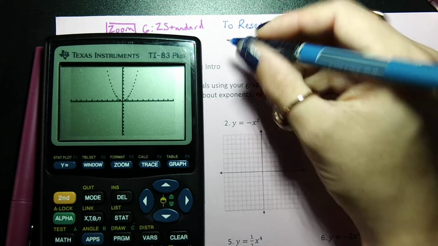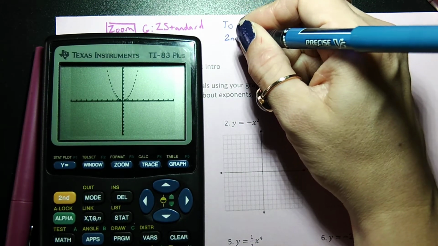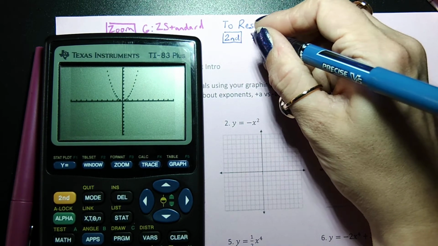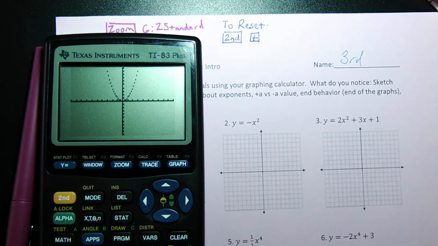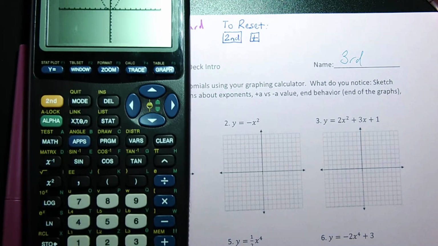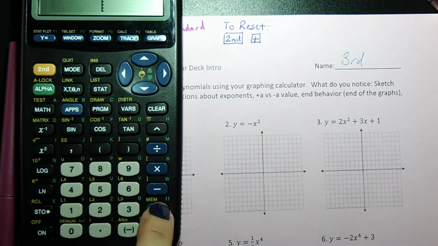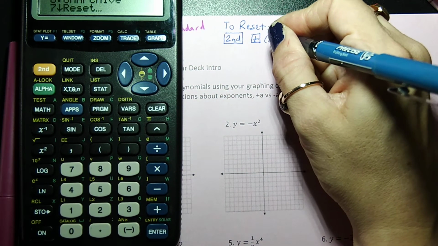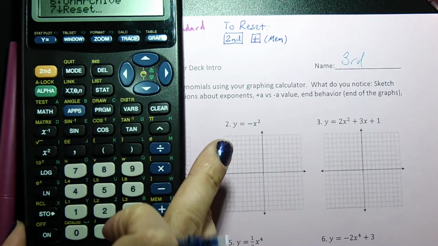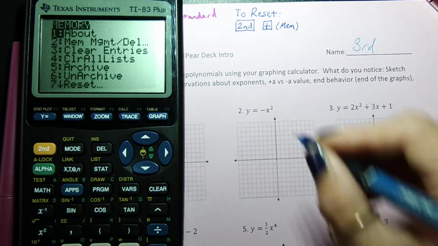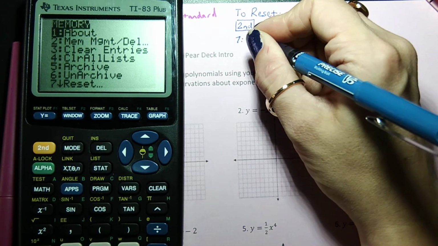So the key sequence that you will do is second plus sign. And what you'll see above the plus sign on your calculator is it says MEM for memory. So second plus sign, write MEM by it. And you will select option 7, which says reset.